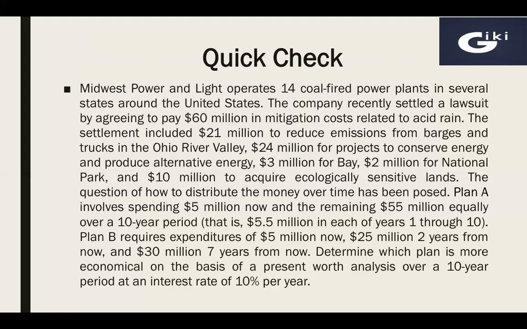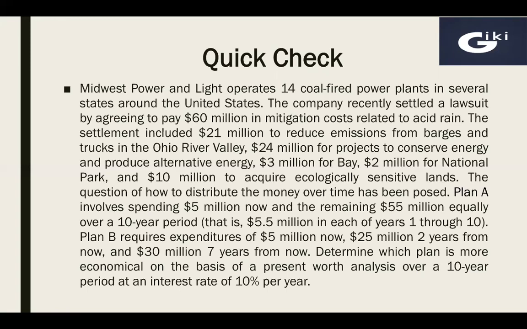The settlement included $21 million to reduce emissions from barges and trucks in the Ohio River Valley, $24 million for projects to conserve energy and produce alternative energy, $3 million for Bay, $2 million for National Park, and $10 million to acquire ecologically sensitive lands.